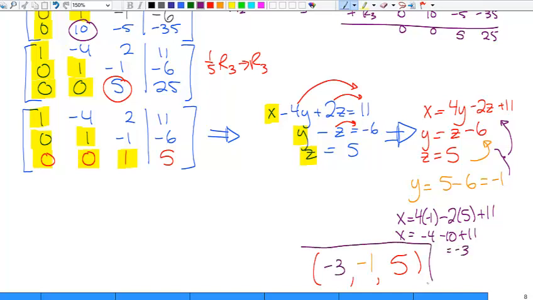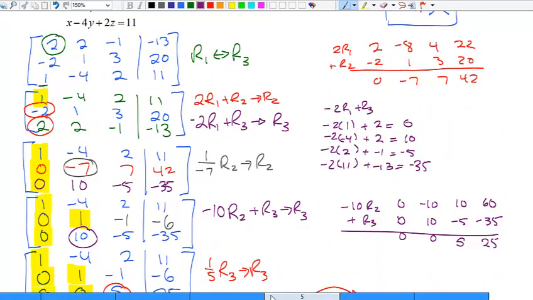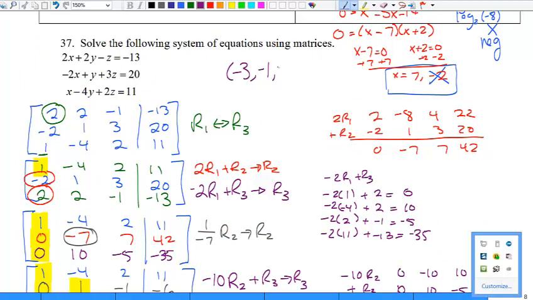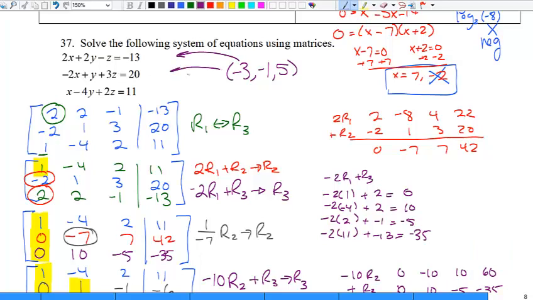So this is the solution using matrices with row operations and then back substituting to find the solution. If you are not sure, you could check your work by plugging negative 3, negative 1, 5, which is the solution we got, into each one of these equations, and just checking to make sure that it works.